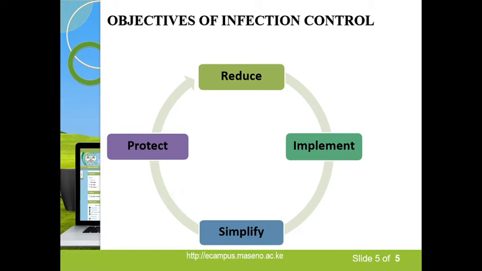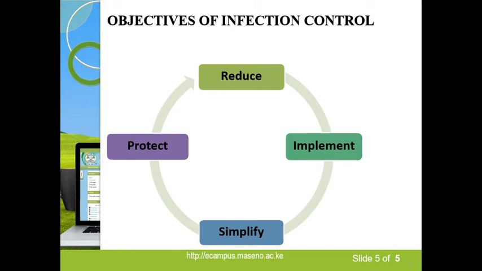In the dental unit, it is the responsibility of the healthcare workers within the unit, the doctor, the nurse, the support staff, to maintain good hygiene and to protect the clients. In that, the clients are equally given health education on how they can reduce the microorganisms, or reduce the chance of infection.